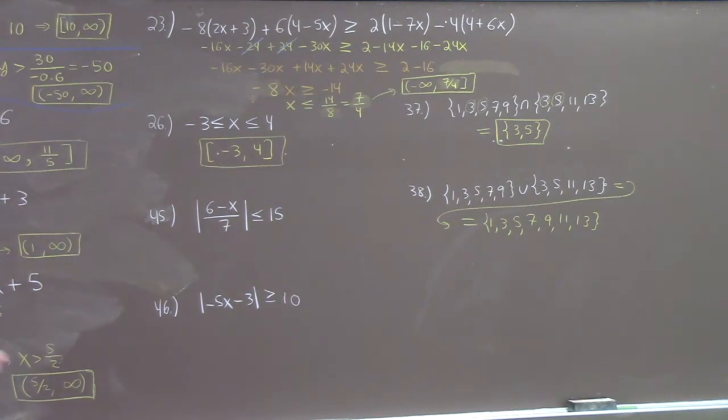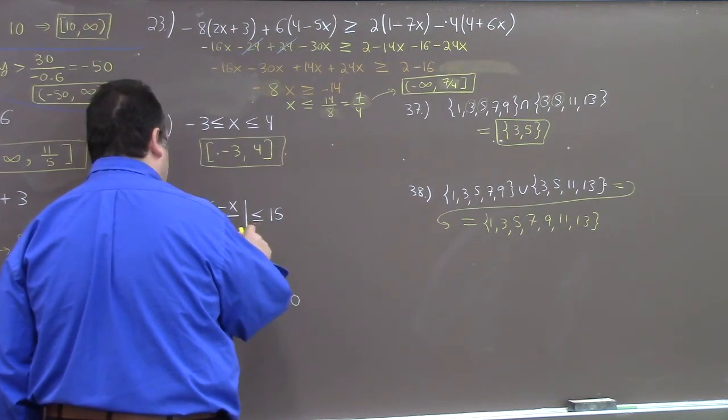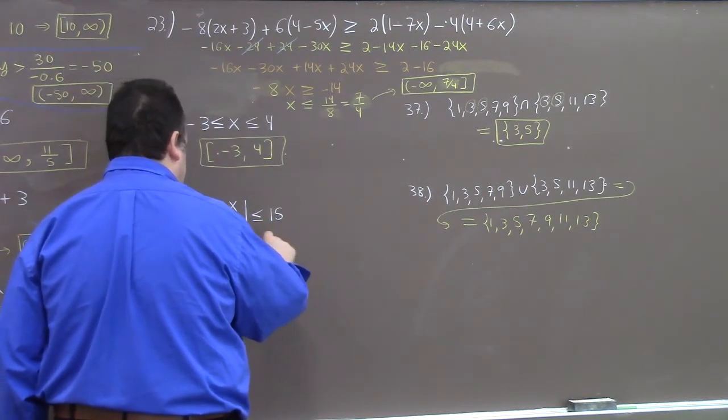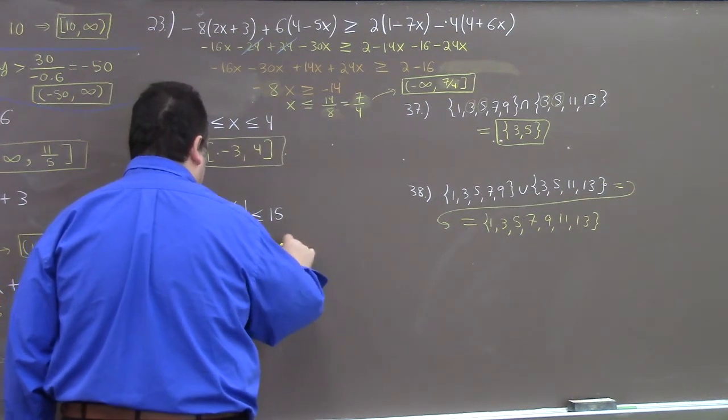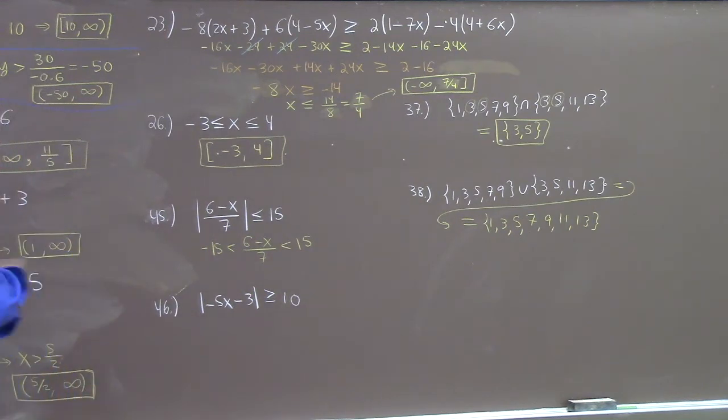All right, so here we go. This gives us minus 15 less than 6 minus x over 7 less than 15. Multiply that by 7. 7 times 15 is 105.